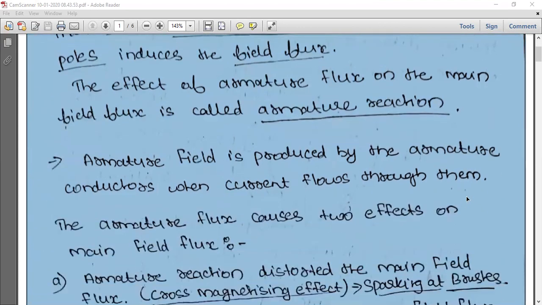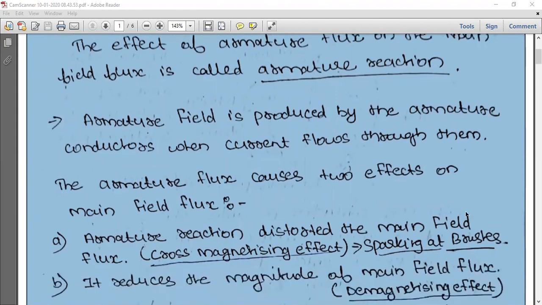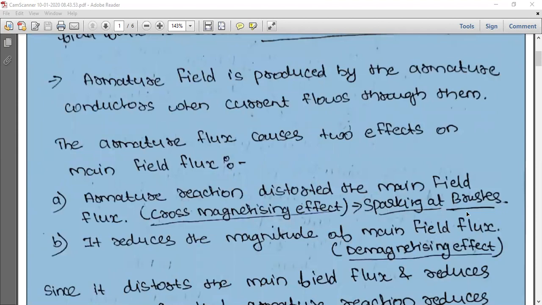We see that the armature field is produced by the armature conductors when current flows through them. It's understood. The armature flux causes two effects on the main field flux. The first one is called the cross magnetizing effect, which can result in sparking at the brushes. We know that brushes are present on the commutator.